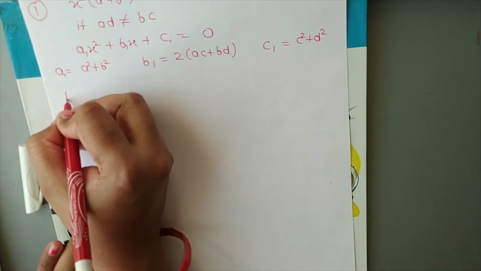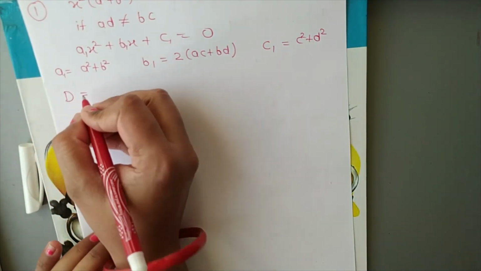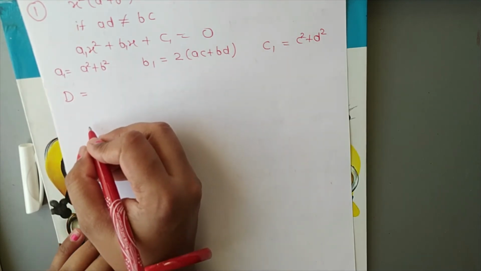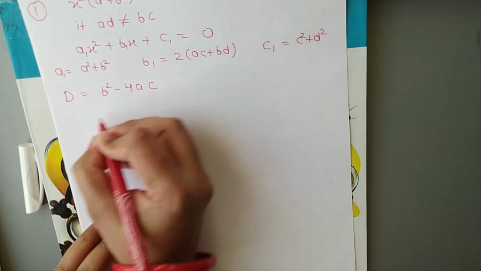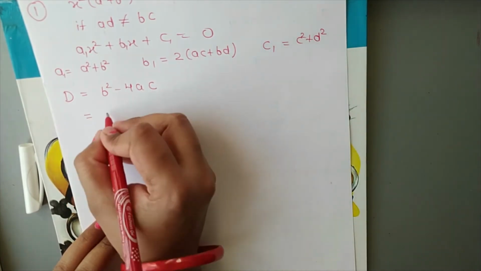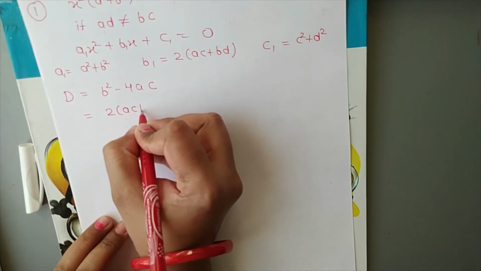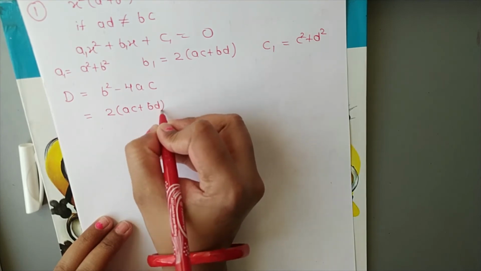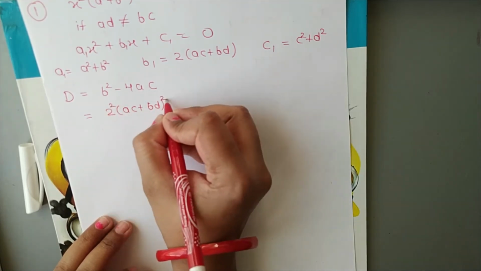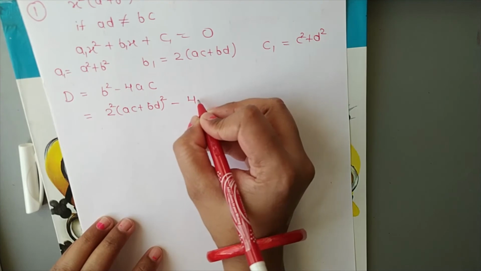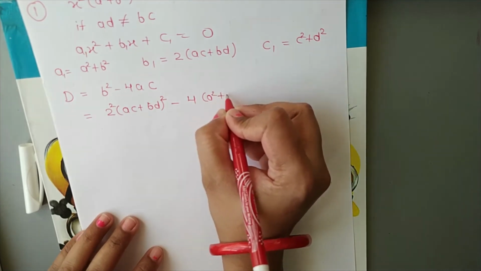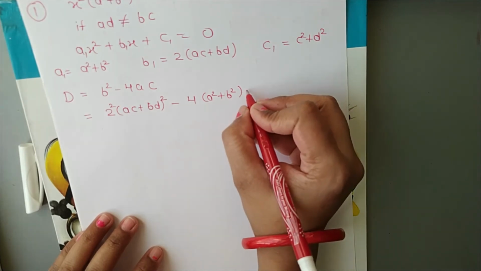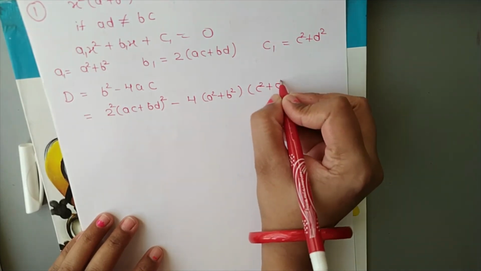So first we have to find the value of D. b square minus 4ac. So b is 2(ac plus bd) whole square minus 4 into (a square plus b square) into (c square plus d square).